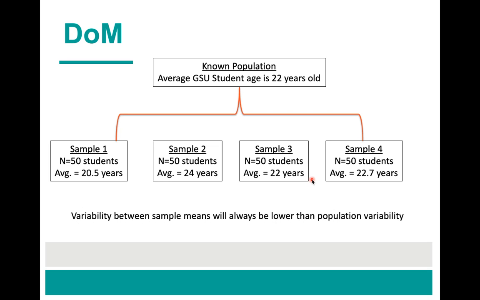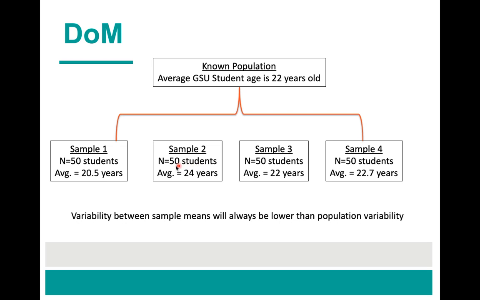Let's think about it this way. Let's use Georgia State students again. Let's say that we know that the average Georgia State student is 22 years old. I have no idea if that's true. Let's just say it is. I could sample one group of 50 students, and it would be very reasonable that I come up with an average of 20 and a half years.